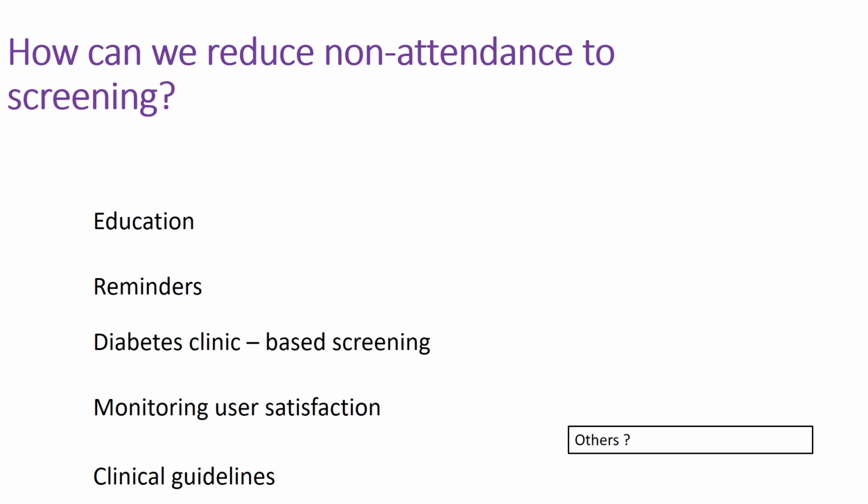It might be through placing the screening tools in the diabetes clinic. It may be through monitoring patient satisfaction with diabetes eye care services. It might be through implementing clinical guidelines. What other strategies can you use to reduce non-attendance?